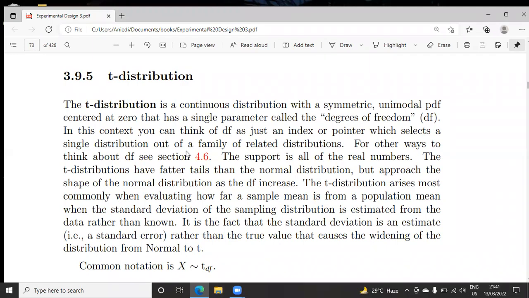all states in Nigeria, you might want to check if a particular sample that you got, like in Akwa Ibom State, where you sample some schools, is similar to the total population.